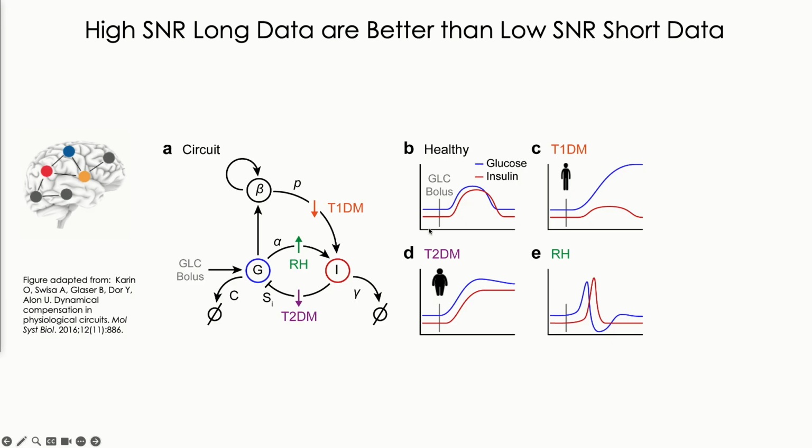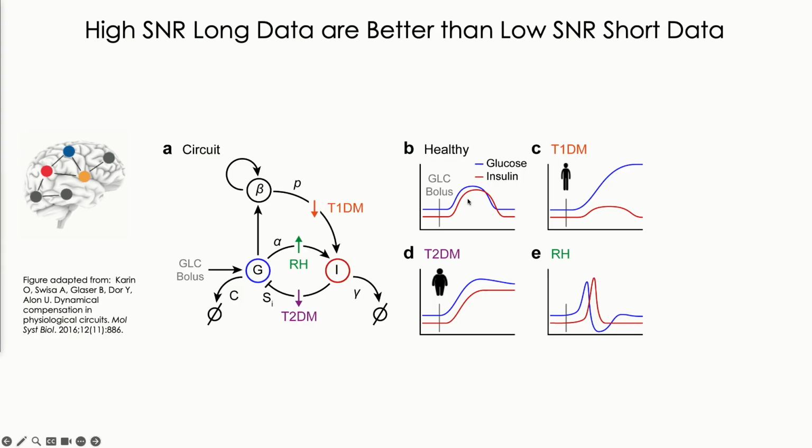The second point is, in line with this, you see that just measuring one value here is actually not going to be enough to discriminate between these disorders. So you want, again, to measure across different components.